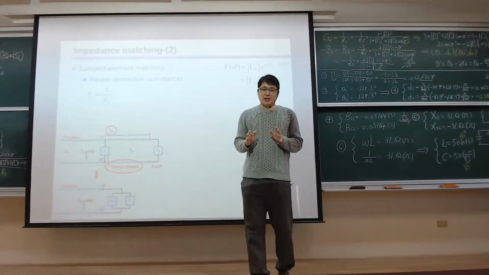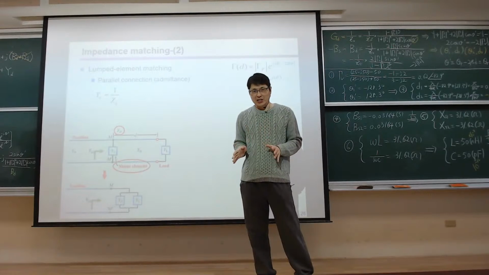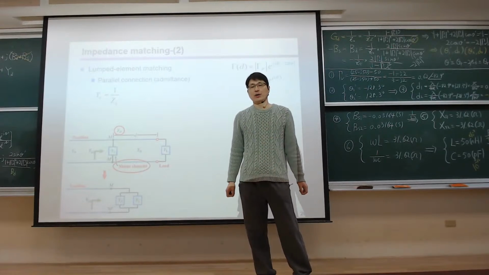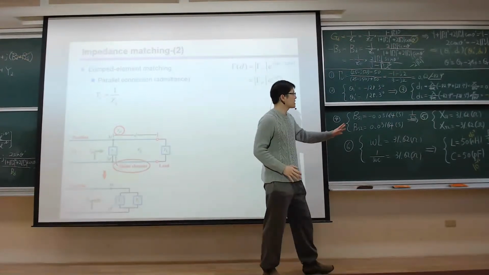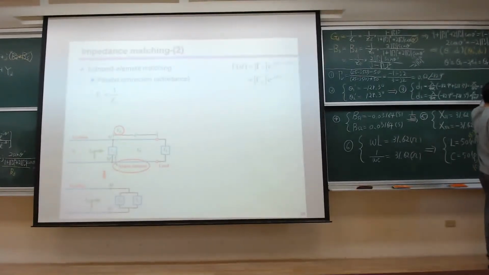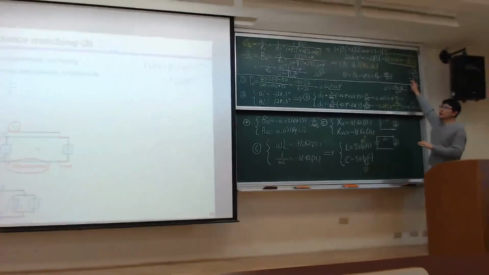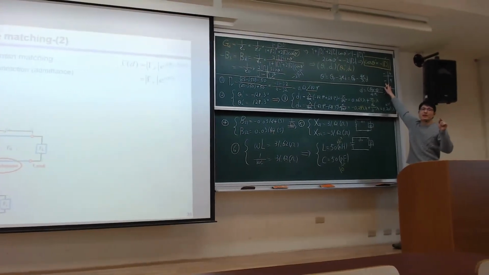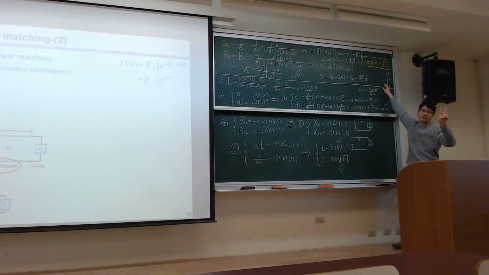This takes work and dedication and care. What I would say is care, because I want to emphasize again, for all impedance matching problems, you have to remember there are two potential choices, right?